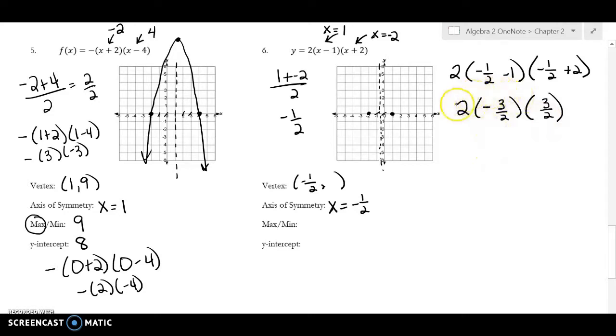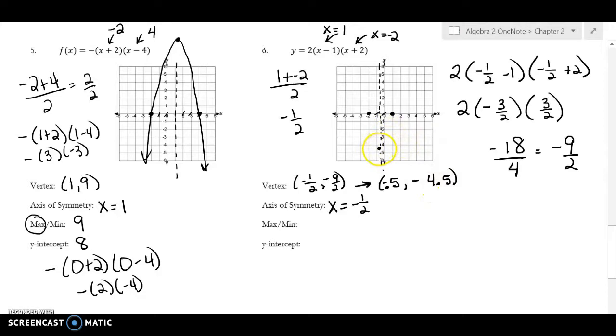And so I would multiply my top numbers. 3 times 3 is 9, times 2 is 18, divided by 4. So if I reduce that, that's negative 9 over 2. Now, if you feel more comfortable with decimals, you can have decimals. But 2 goes into 9 4.5 times. So this is the same as negative 0.5 and negative 4.5.